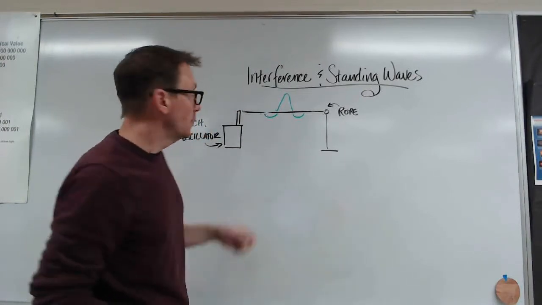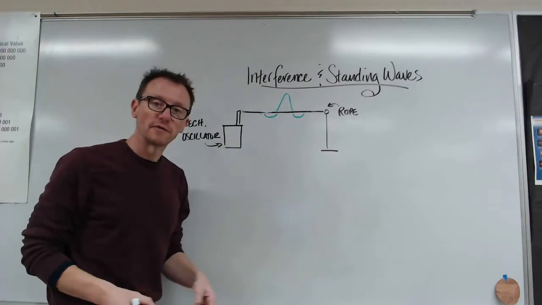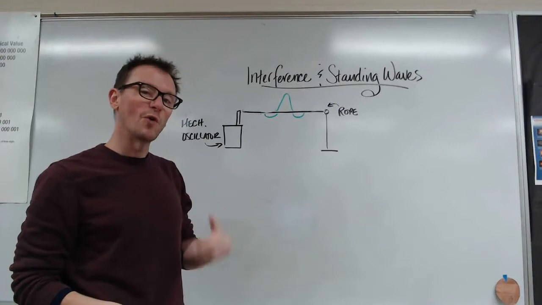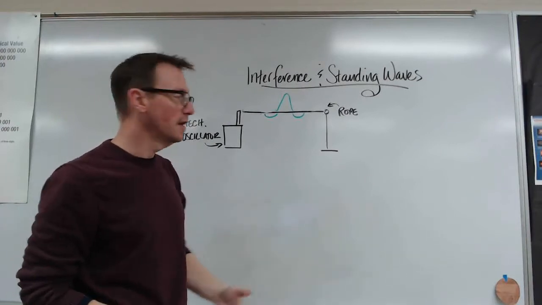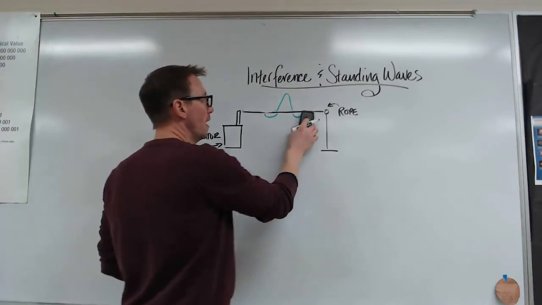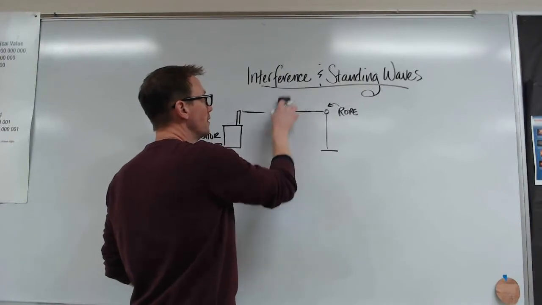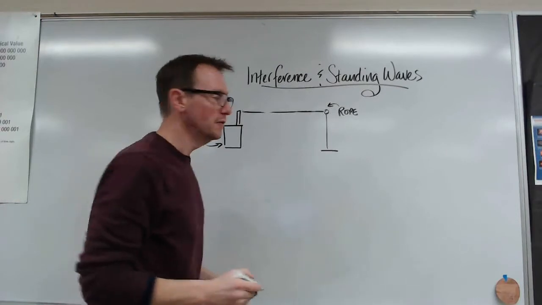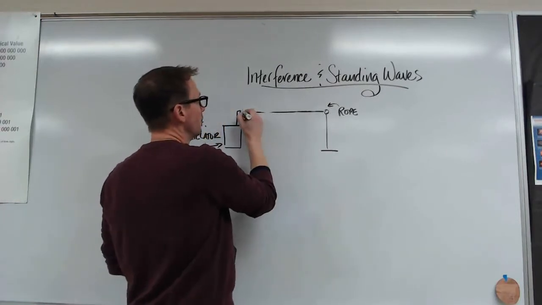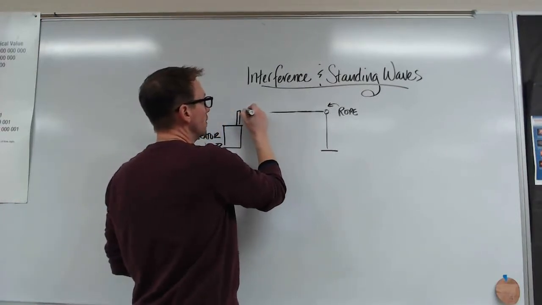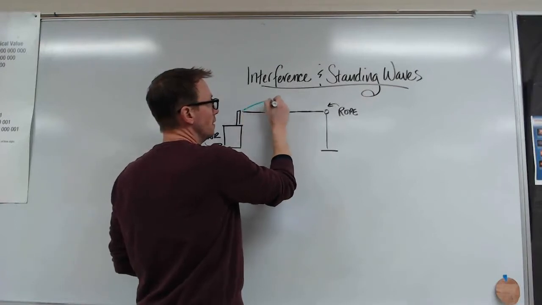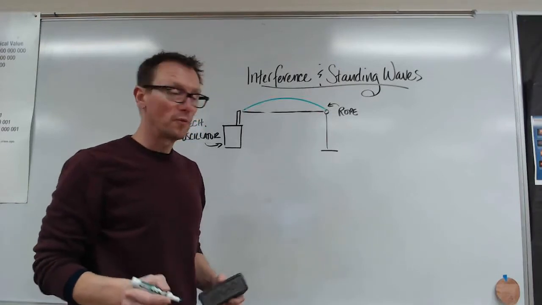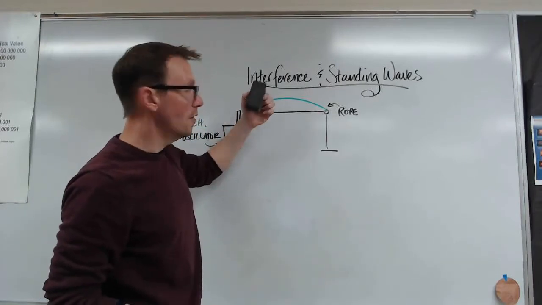Now, if you continue to change the frequency and you continue to oscillate the arm up and down so that waves are always being generated, there is a point at which the frequency of the waves that you produce will cause the reflected crest, so the entire rope will be either all up or all down.